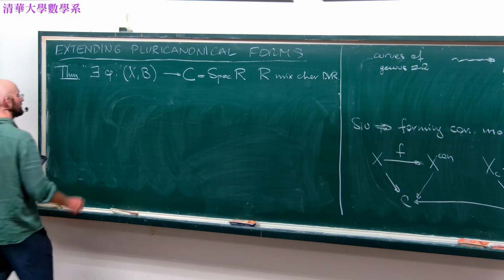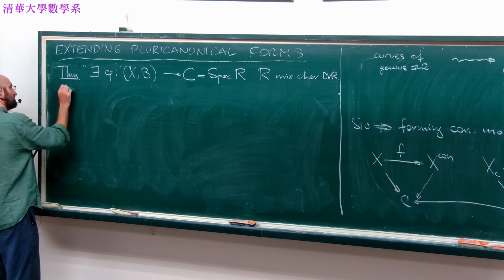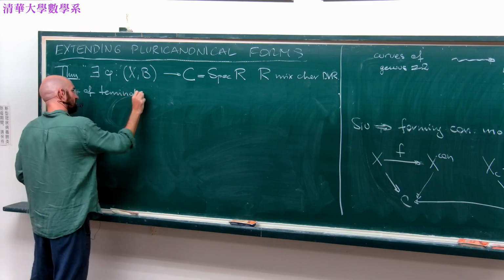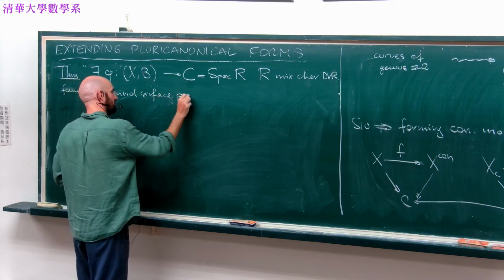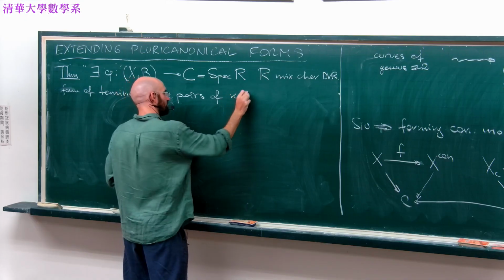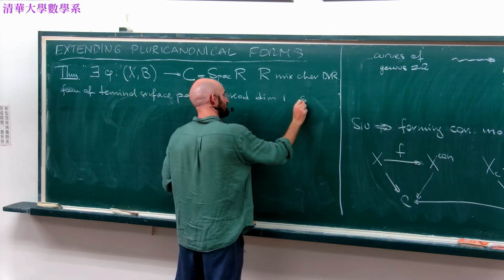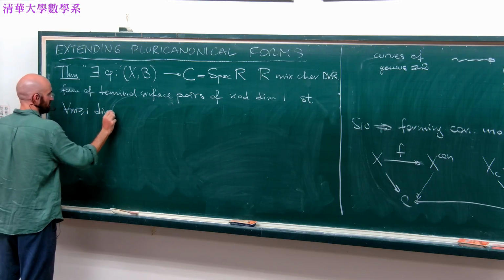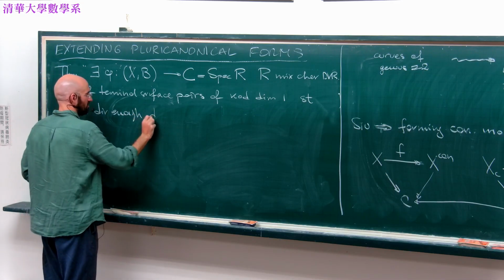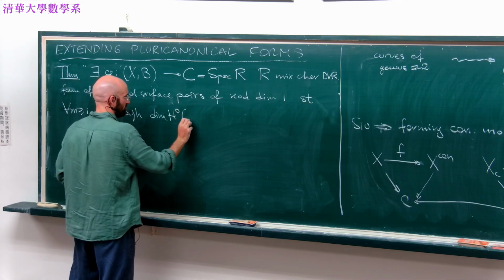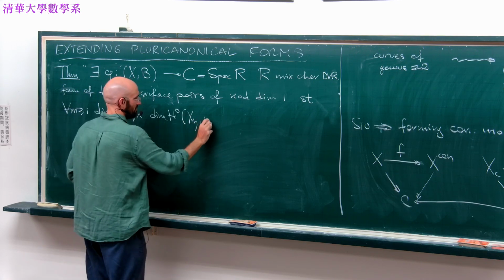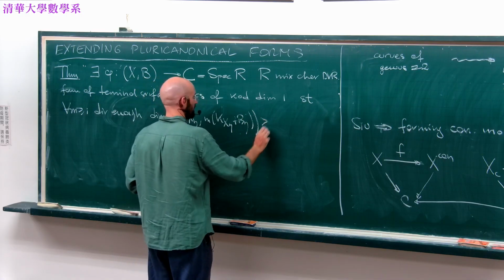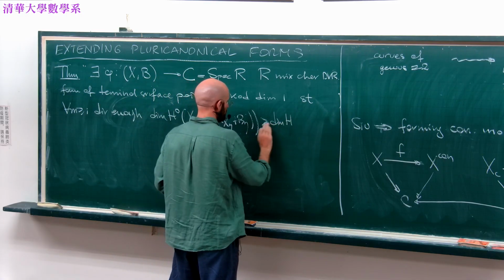So that there exist smooth families of terminal surface pairs of Kodaira dimension 1 such that for all m greater or equal than 1 divisible enough, the dimension of pluricanonical forms on the generic fiber is strictly greater than the dimension on the special fiber. Sorry, the opposite.